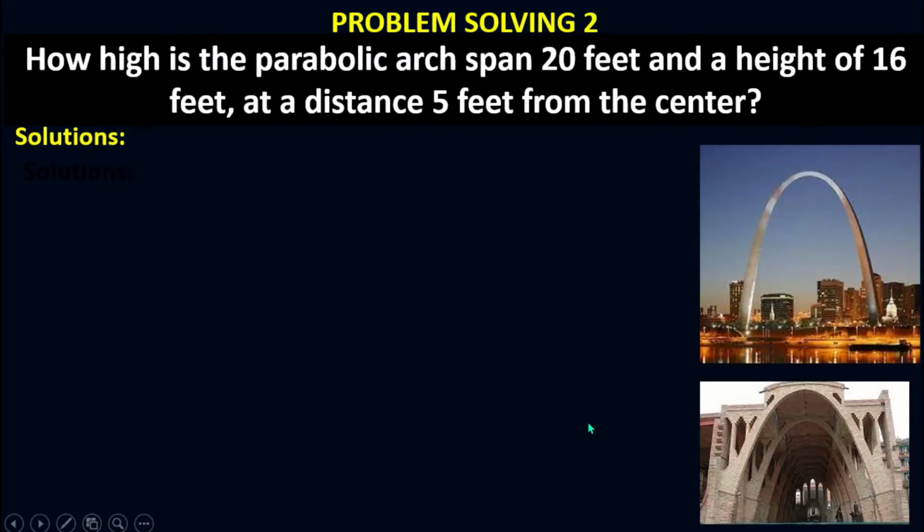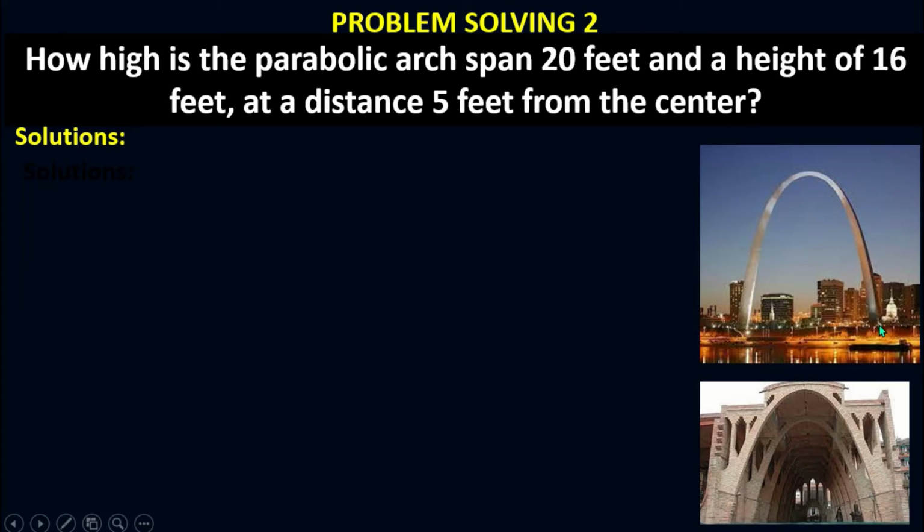Okay? Example number 2: how high is the parabolic arc with span of 20 feet and a height of 16 feet at a distance 5 feet from the center? So, from this, we all know the image of the parabolic arc. And alam natin na ang parabolic arc ay laging pababa. Pag sa Tagalog, ito yung mga arko.